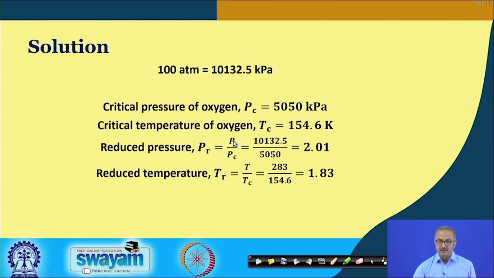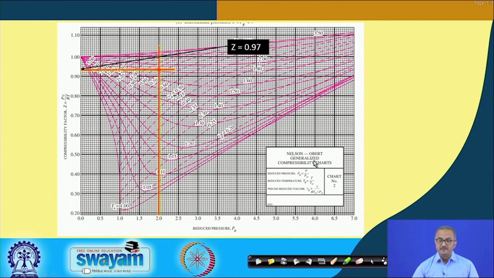So here you see that we calculate the reduced pressure and the reduced temperature by taking the ratio of the actual pressure and the critical pressure, and the actual temperature and the critical temperature, and these are the two values we arrive at. Now, with the help of this compressibility chart, on the y axis the value of Z is given, on the x axis the reduced pressure is plotted, and the various curves correspond to various reduced temperatures.